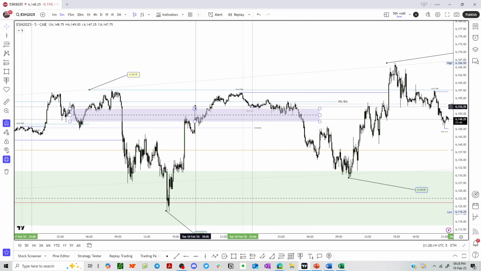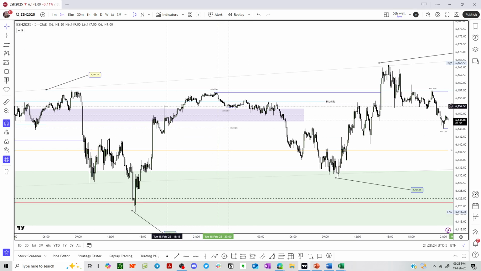I entered here literally at 6 o'clock, as soon as I saw it drop in here. It wasn't an impulsive trade. It was a logic-based trade, however it wasn't a time-based trade.